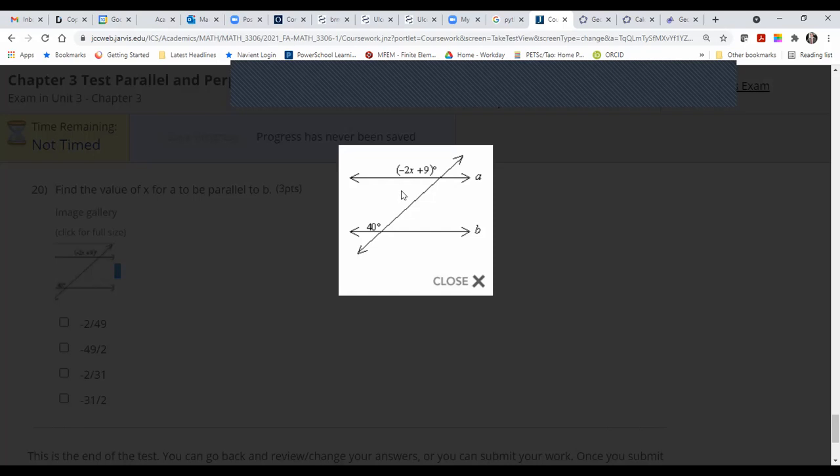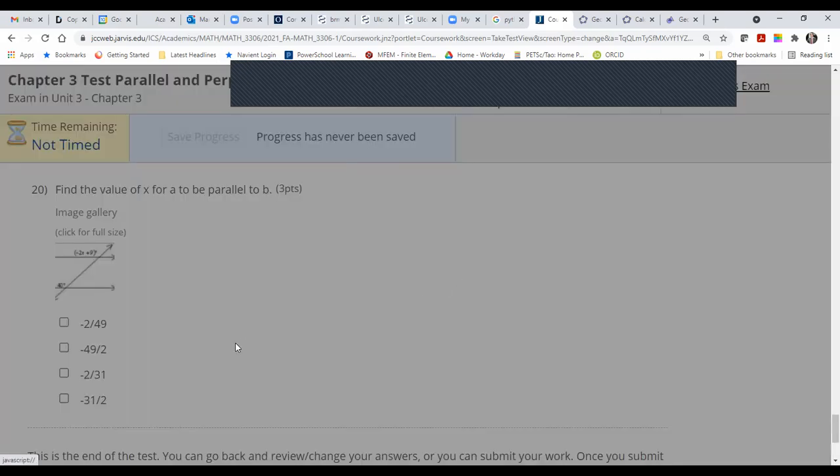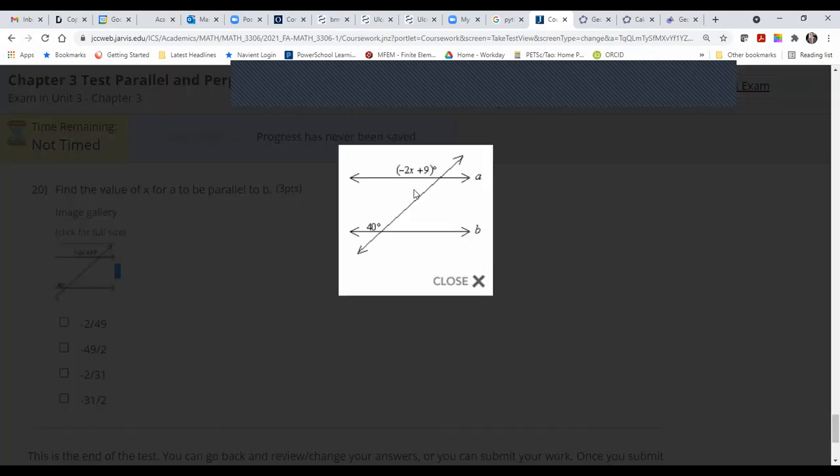Yeah, this is tricky. So the answer should be negative, because x is negative, since this one equals this one. So the answer for x will be negative. Okay.